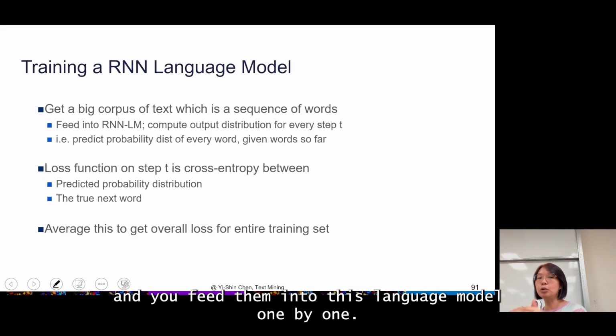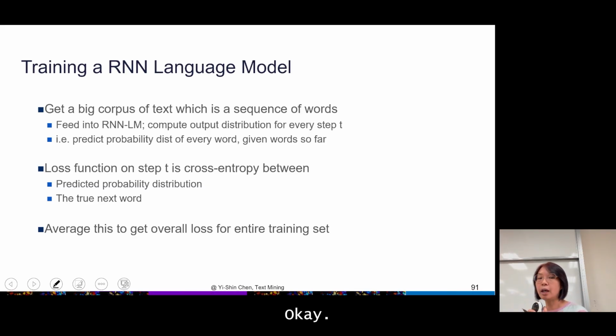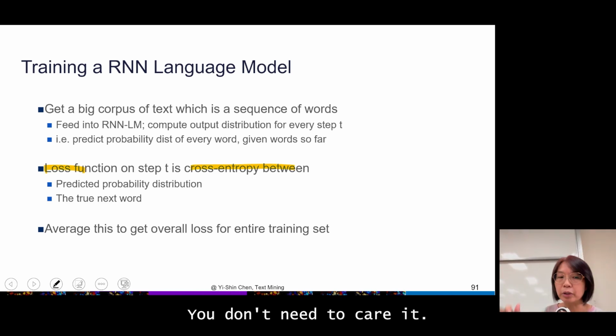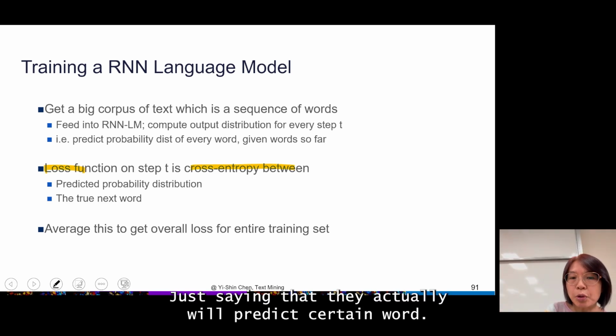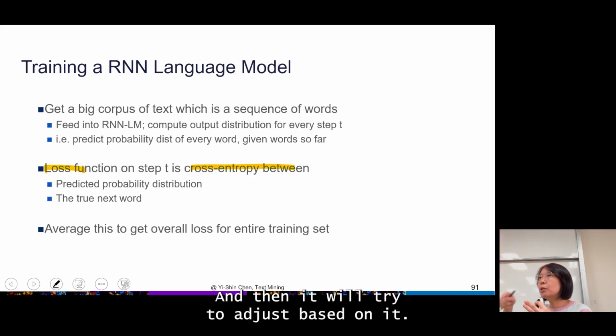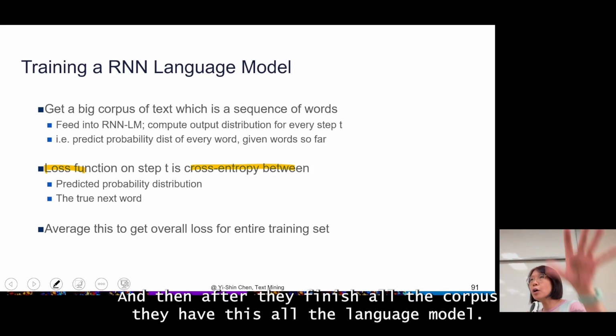You feed them into this language model one by one. The loss function is cross entropy, and you don't need to care about it. It just says that the model will predict a certain word, compare it with the true next word, and adjust based on it. After they finish the whole corpus, they have this RNN language model.